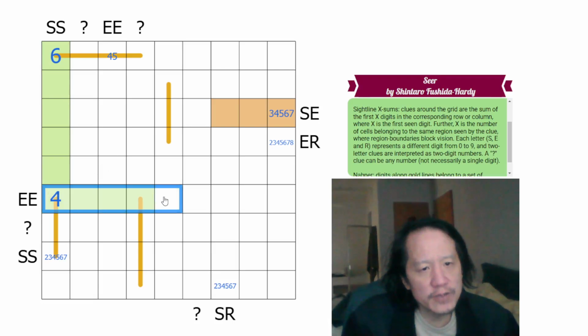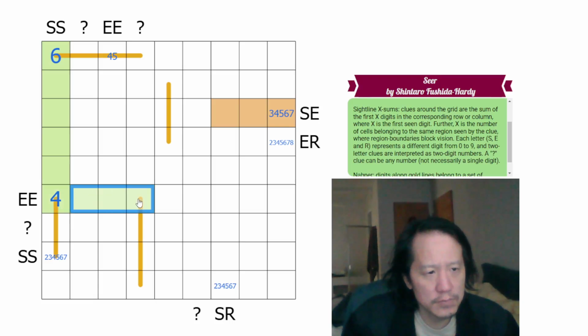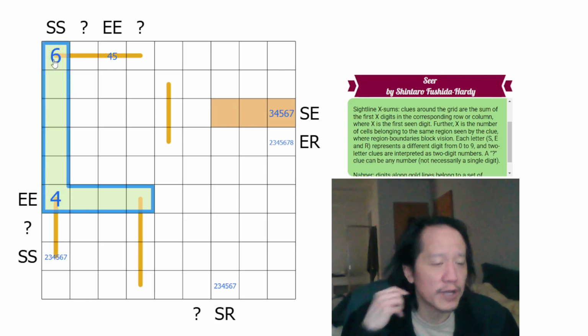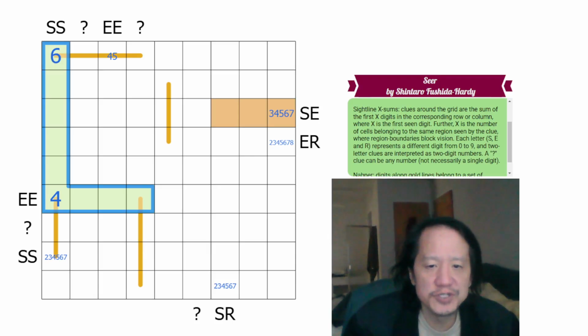Because this would have to add up to 22. So then this would be 18. And this would have to add up to 33. And 33 plus 18 is 51, which is not 45, which is what the digits 1 through 9 would add up to. So this is not possible.